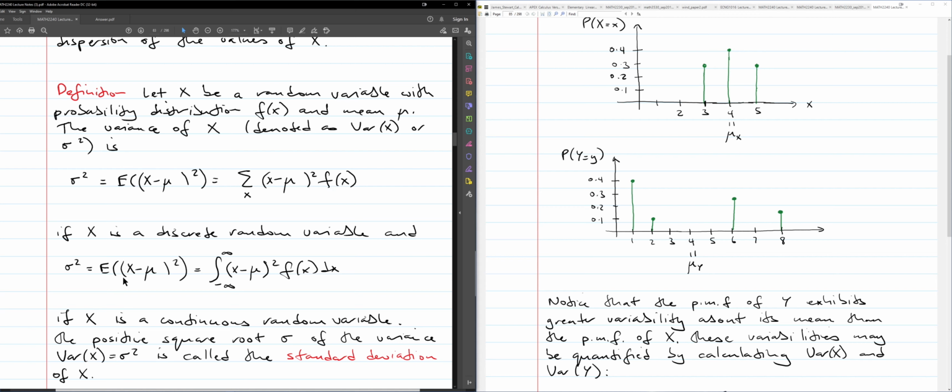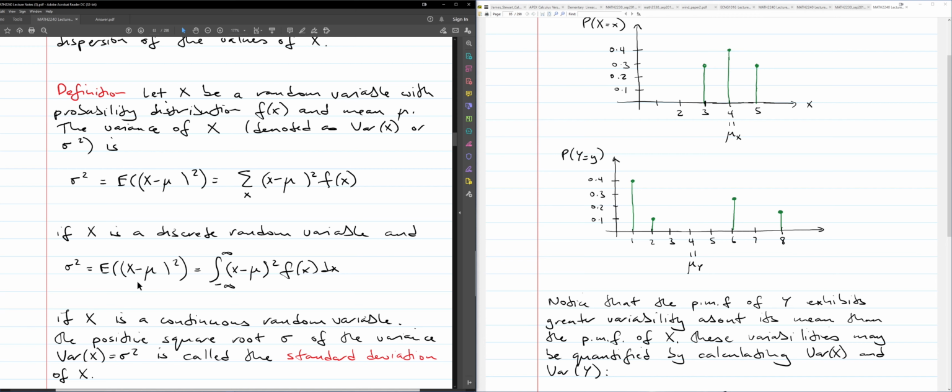In the continuous case, again you have the expected value of (x minus mu) squared. This is the expected value of a function of a continuous random variable, and we saw how to do that. This is the g of x, and you take the big X, replacing it by small x.